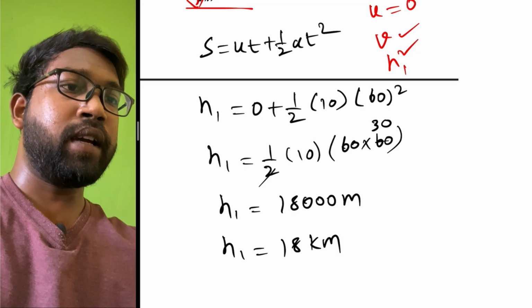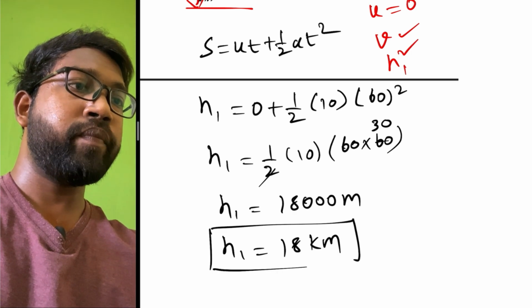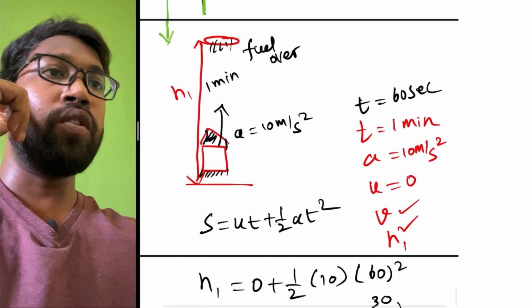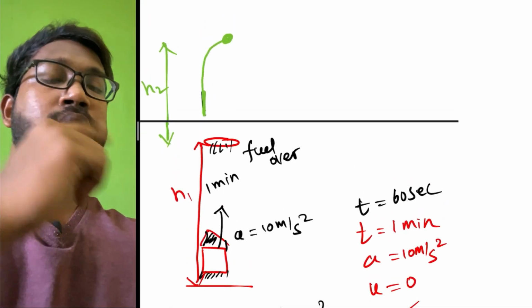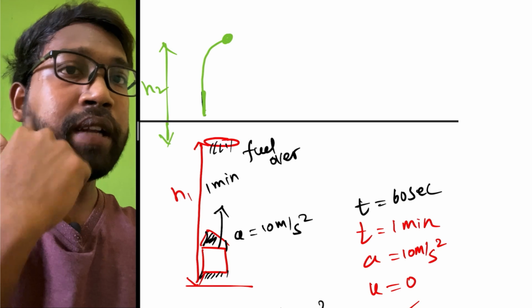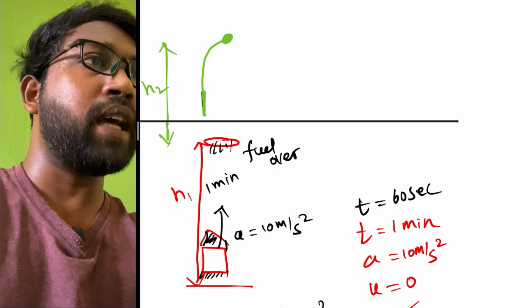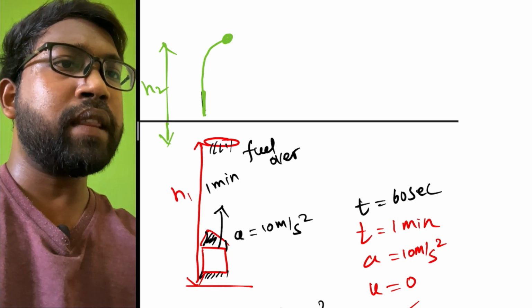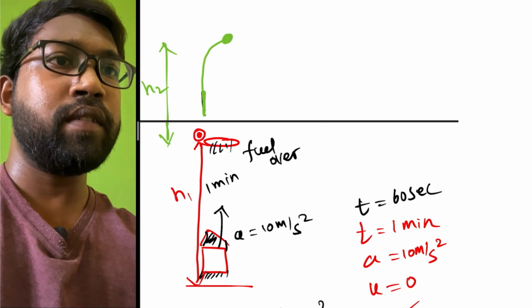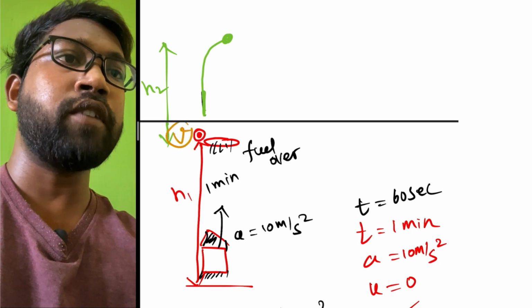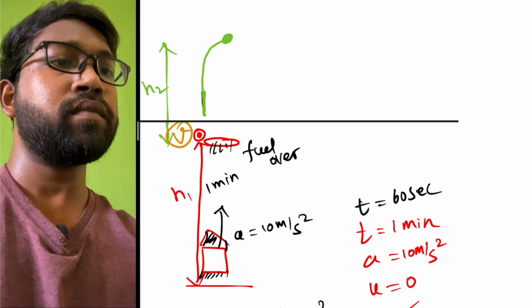Let me find h2. If I want to find h2, the gravity part, for that I need to find the final velocity. Final velocity means what? At the end of the first minute, what is the velocity? So I just find the velocity of the object at the end of the 1 minute.